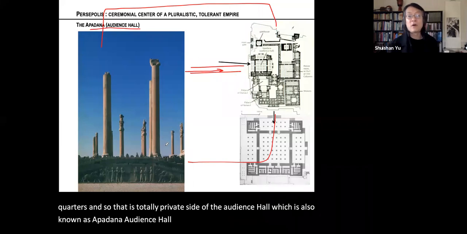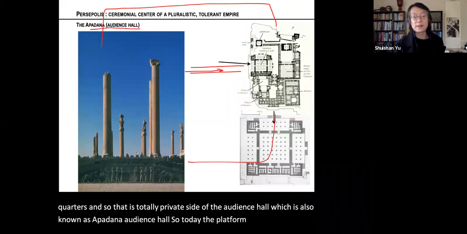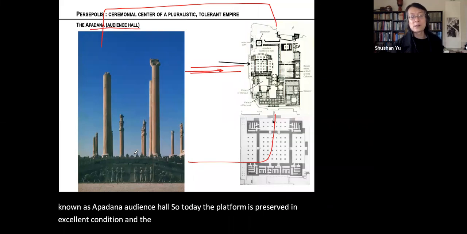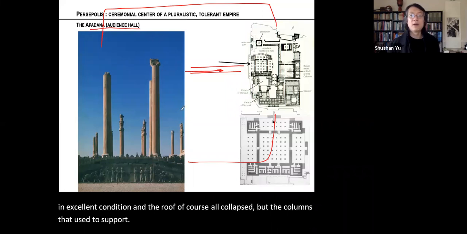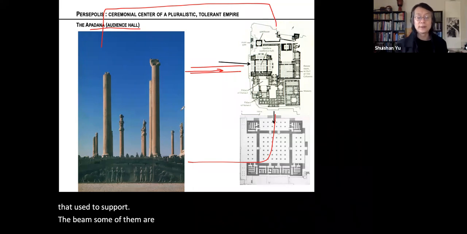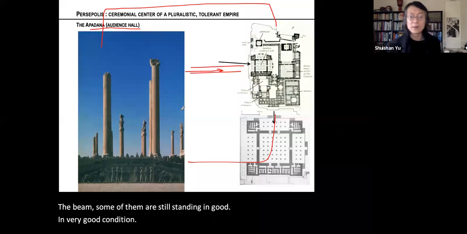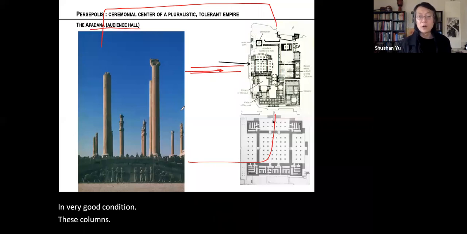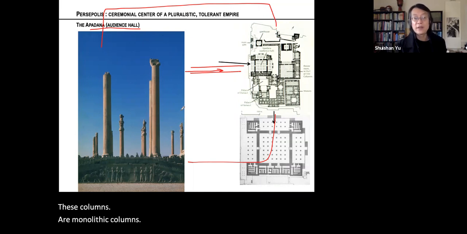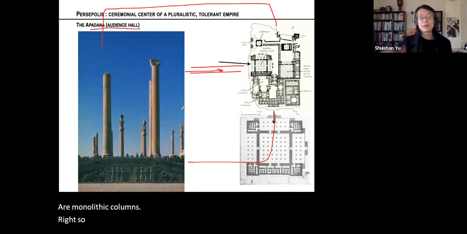So today the platform is preserved in excellent condition, and the roof, of course, has all collapsed, but some of the columns that used to support the beams are still standing in very good condition. These columns are monolithic columns, right? Monolithic means just one piece of stone.